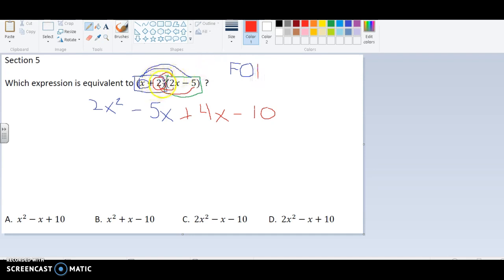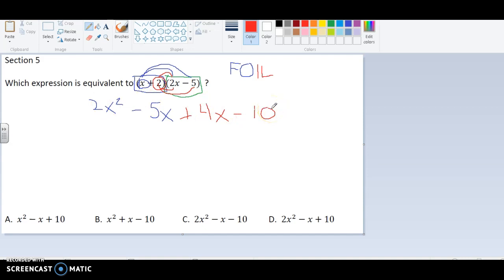And then 2 is the last term of the blue colors, and -5 is the last term of the green. So those are the last numbers in each set, so we call that last. So if you do first, outside, inside, last, you'll get these 4 terms under here.